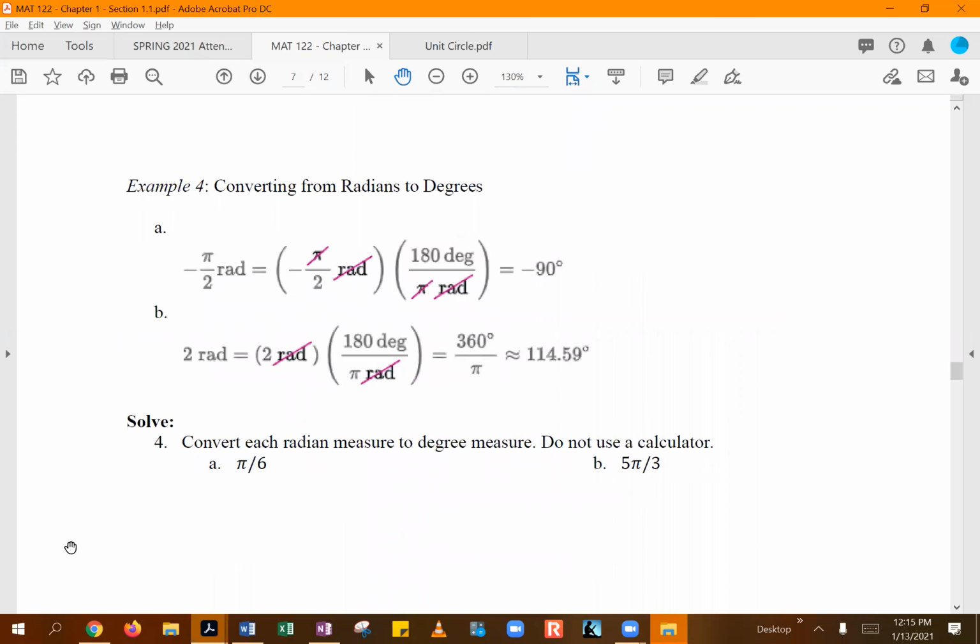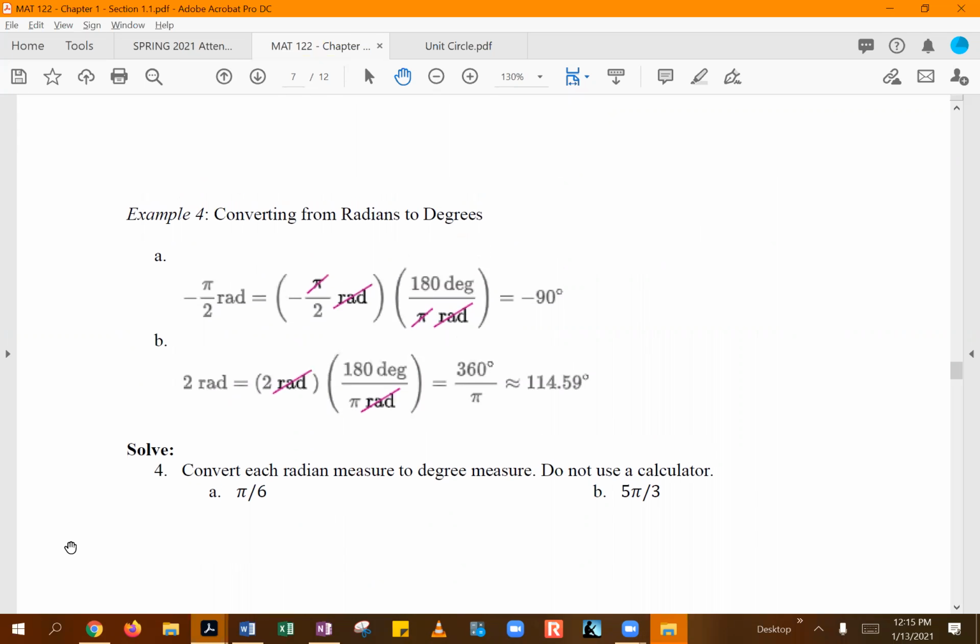If you are going from radians to degrees, then you want the radian to cancel out. Since you would have radian on the top here, we would need to put pi on the denominator. So your radians would cancel out, leaving you behind with the degree measurement. So whichever unit you are getting rid of, that needs to go on the denominator when you write this fraction, 180 over pi or pi over 180.